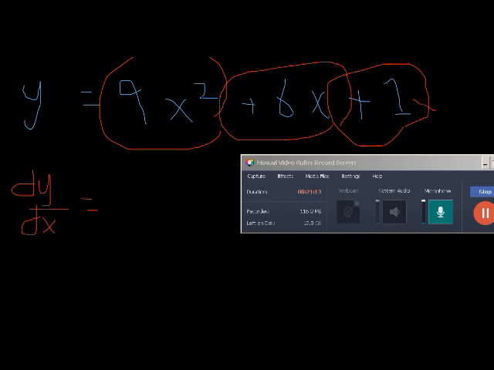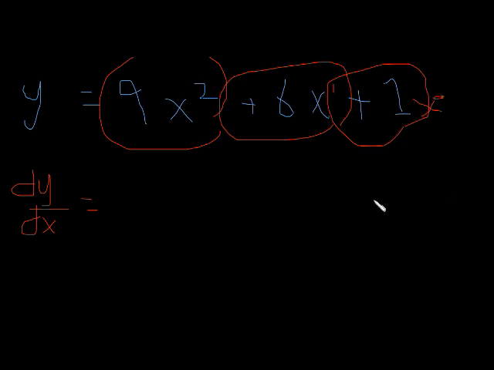Here there is no x, so we can put x raised to power 0, which means the same thing, times 1, because any number raised to power 0 is 1. Here we can put 1 as the power because there's no power written. So first we'll do this. 2 will be multiplied by its coefficient, so 9 2s are 18, and for x, the variable, its power is reduced by 1, 2 minus 1. What is it? 1. So there's no need to put 1 here.